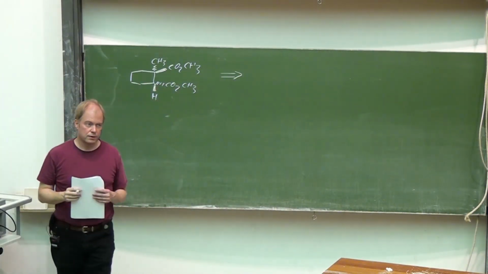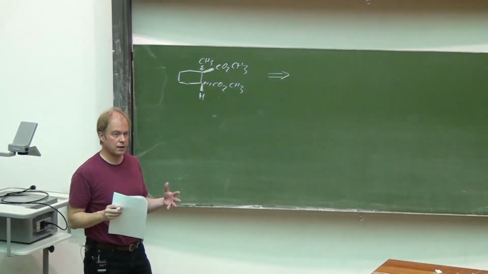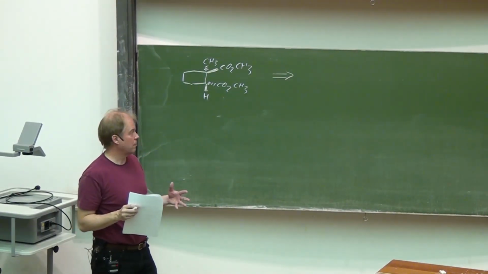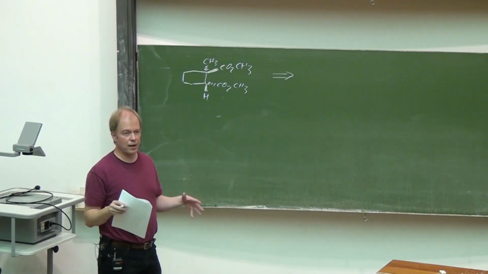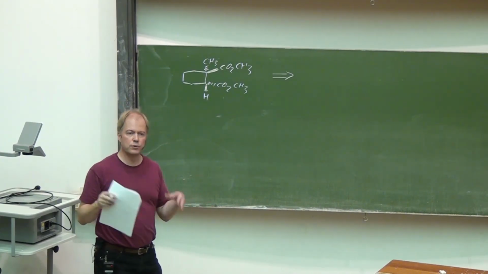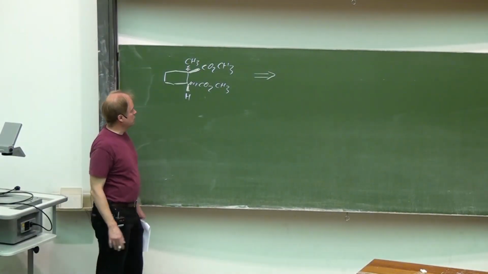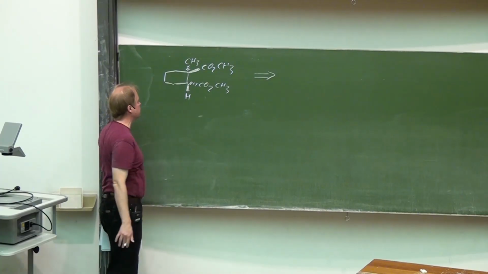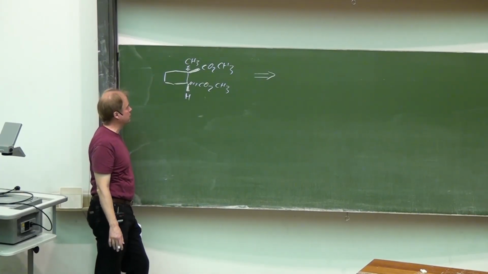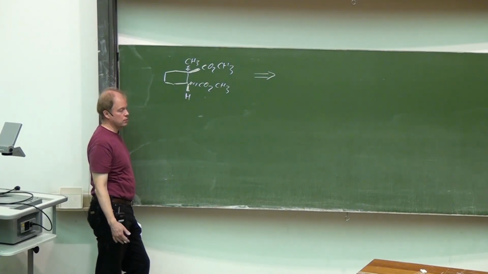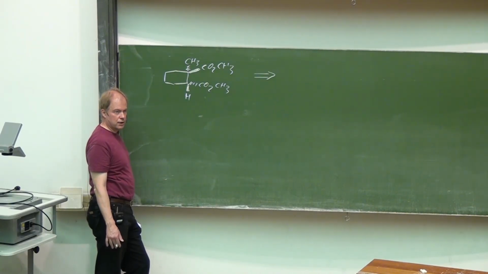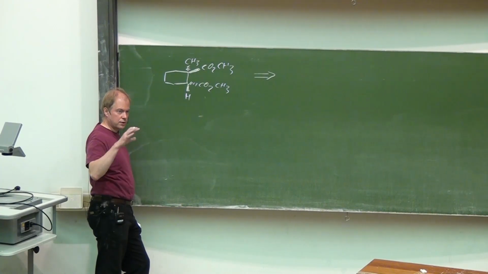Please try a retrosynthetic analysis while keeping in mind we are still dealing with a retron of a Diels-Alder reaction. So in this target molecule, we notice we have a 6-membered ring since it's a cyclohexane derivative. We know 6-membered rings are easily synthesized by Diels-Alder reactions, but not cyclohexane, but cyclohexene.